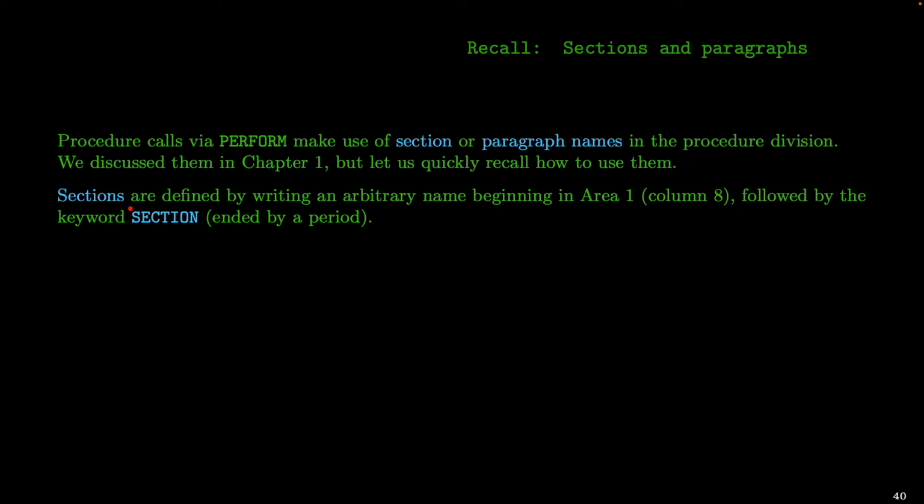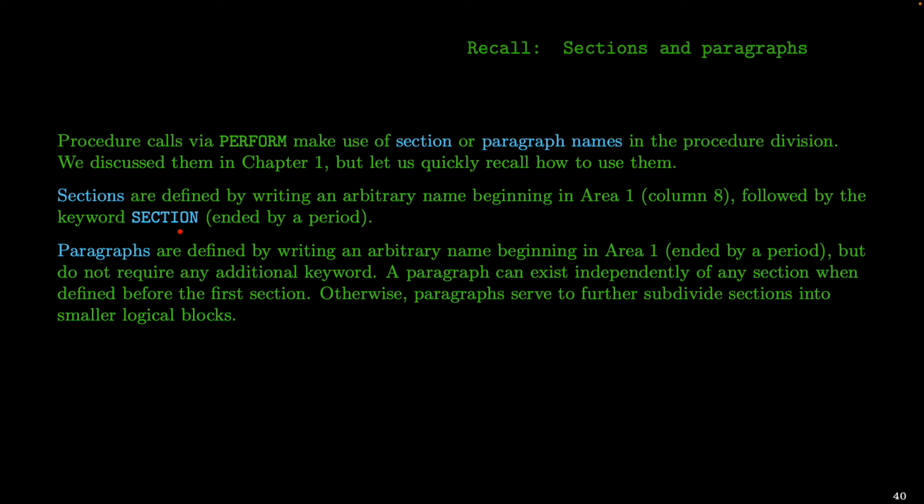Sections are defined by writing an arbitrary name for the sections beginning in area 1, so that's column 8 of your source code, followed by the keyword section and ended by a period. And paragraphs are defined by writing an arbitrary name also beginning in area 1, ended by a period. But here no additional keyword is required, so there's no paragraph keyword or something like that.